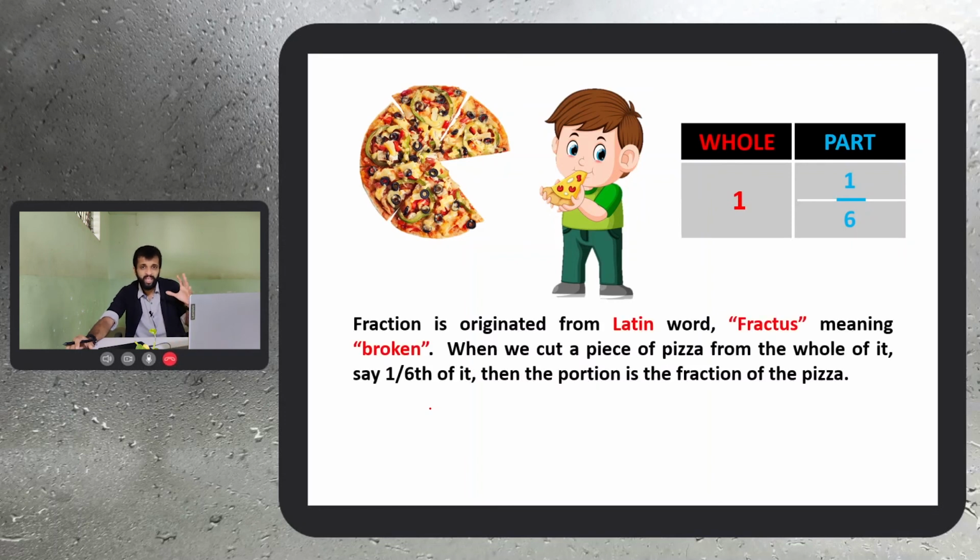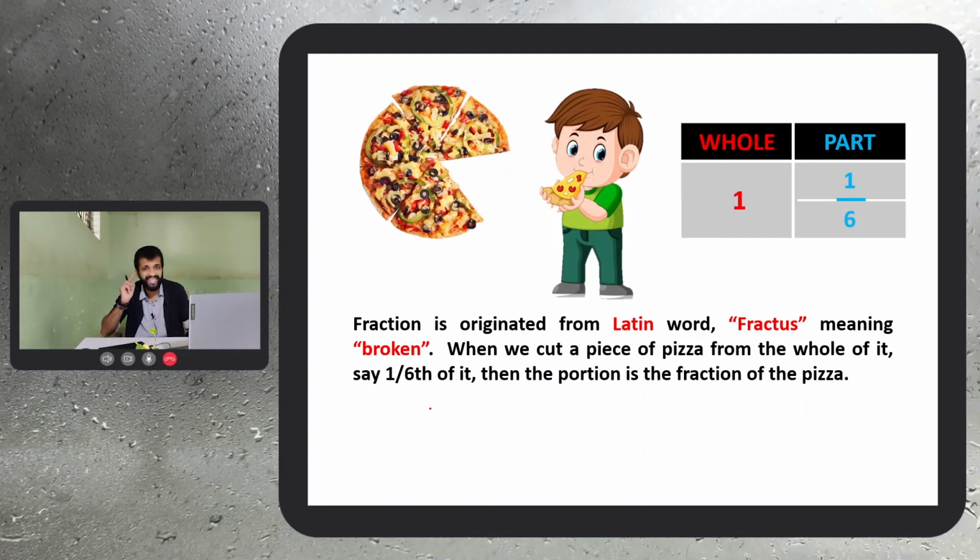So we are talking about a fraction. This word originated from a Latin word, fractus, and the meaning of that is broken. Okay, when we cut a piece of pizza from the whole of it and say 1/6 of the pizza piece that you ate, right?